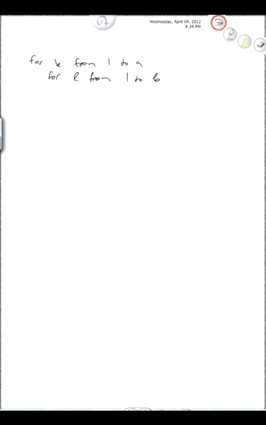and then let's say inside of these 2 for loops, we have a step taking O of N. And then outside of both of the for loops, we have another for loop.